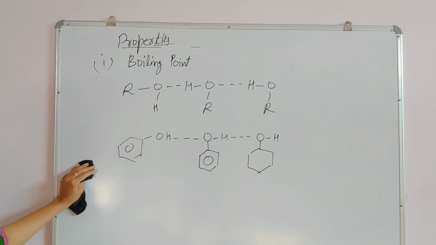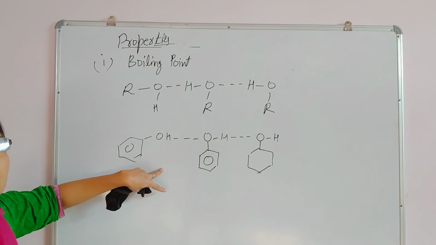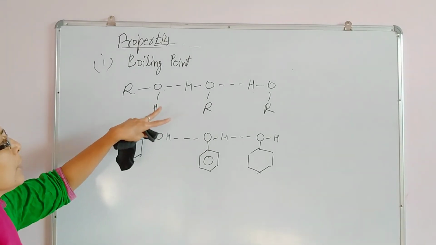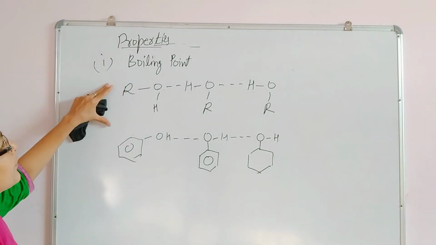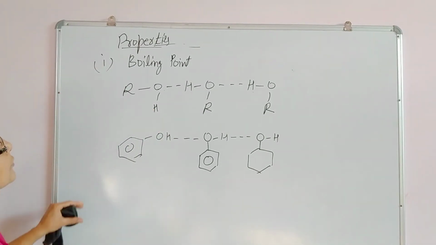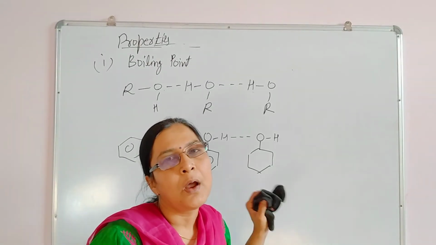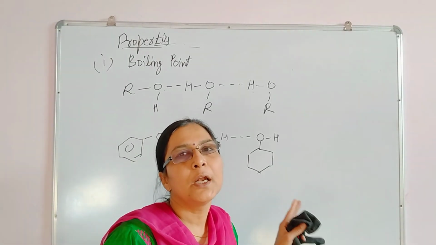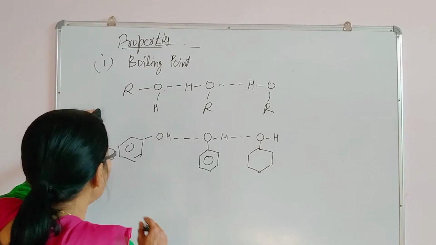Draw the correct structure. So these are the hydrogen bonded structure of alcohol and phenol. So boiling point will be higher as compared to the respective alkenes or alkynes or alkanes or ether even. Though ether and alcohol are isomers.